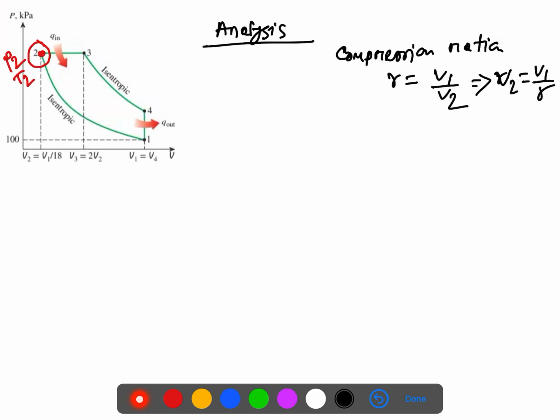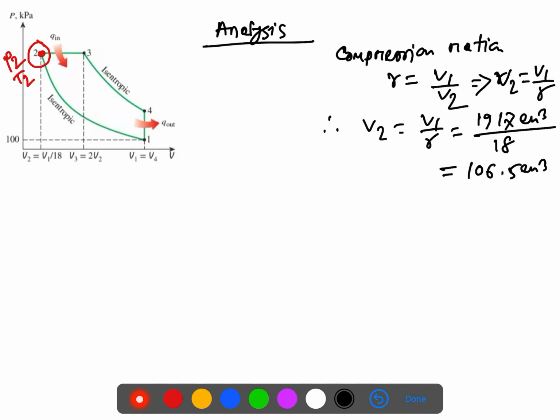So V2 is equal to V1 over R. What is V1? The volume is given as 1970 centimeter cube, and the compression ratio R is given as 18. It is given in the question. So it should be 106.5 centimeter cube. This is V2, so we got the value of V2.